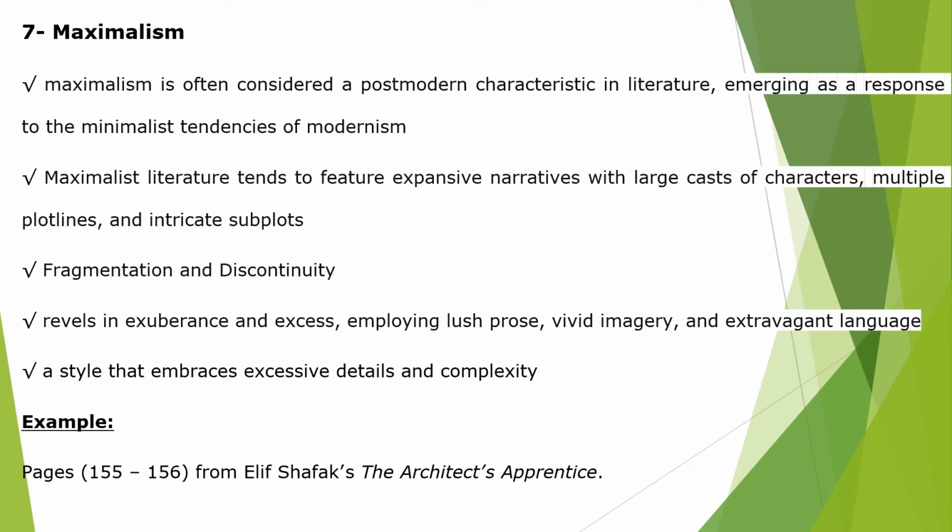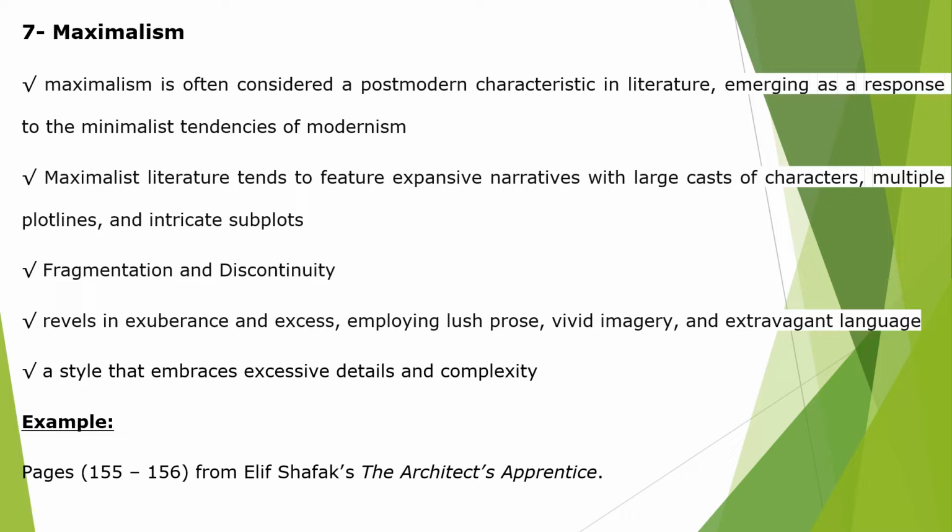7. Maximalism. Maximalism is often considered a postmodern characteristic in literature, emerging as a response to the minimalist tendencies of modernism. Maximalist literature tends to feature expansive narratives with large casts of characters, multiple plotlines, and intricate subplots.